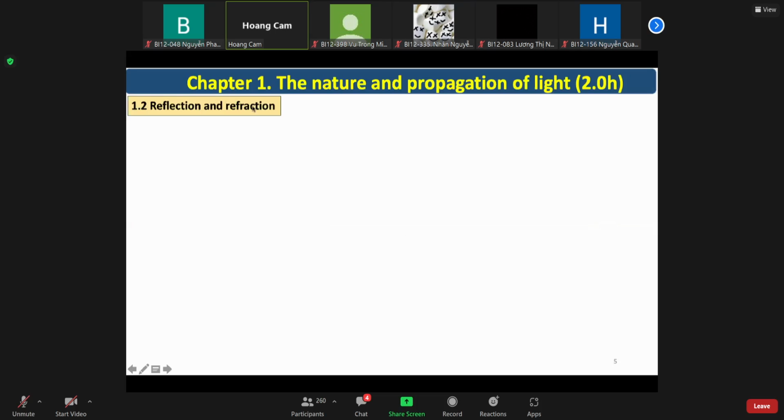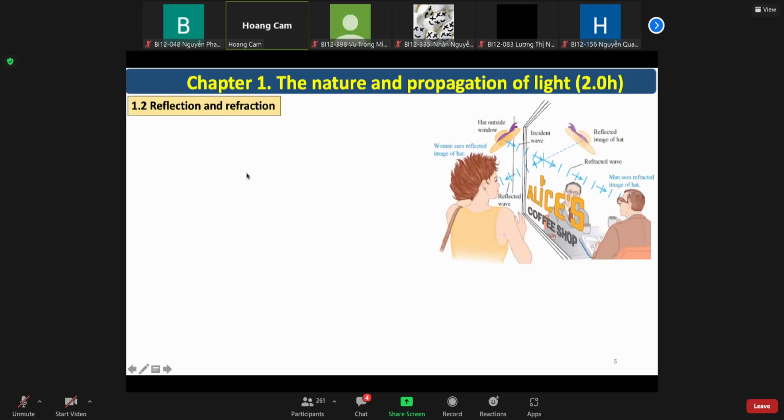Now we will move to the second section of this chapter. We will deal with the propagation of light. To begin, we will study the very popular, very basic ones that you already know very well, which are reflection and refraction.